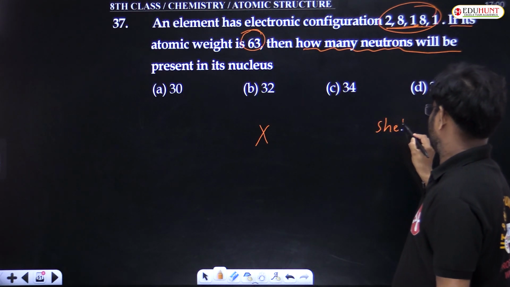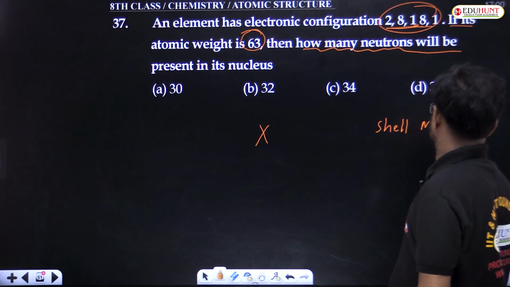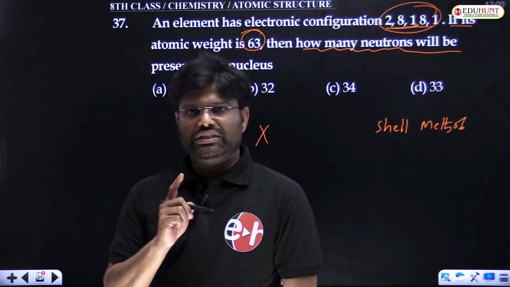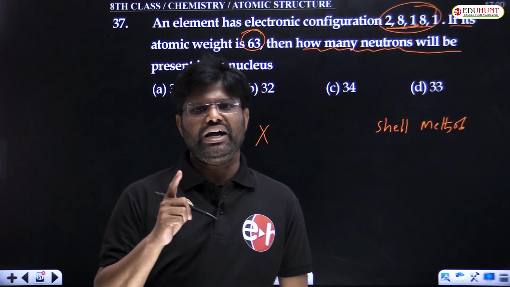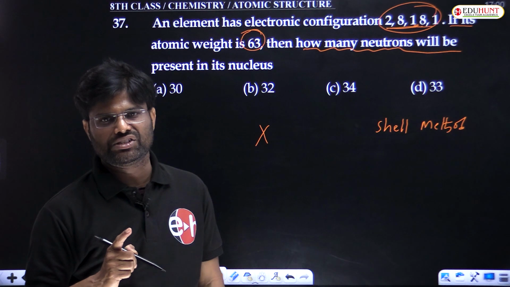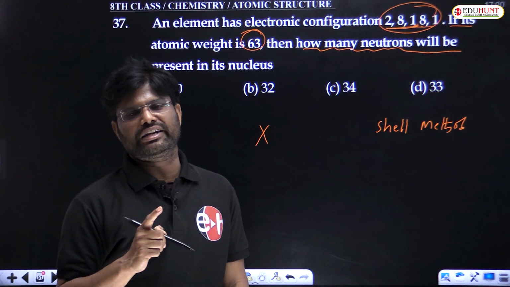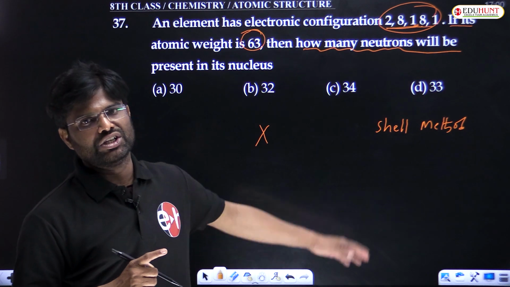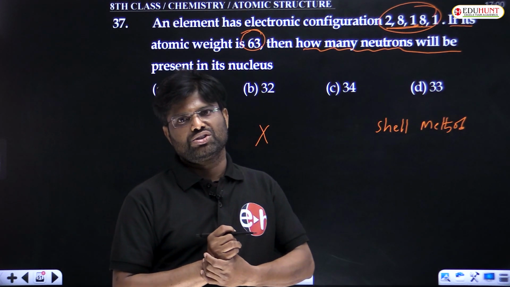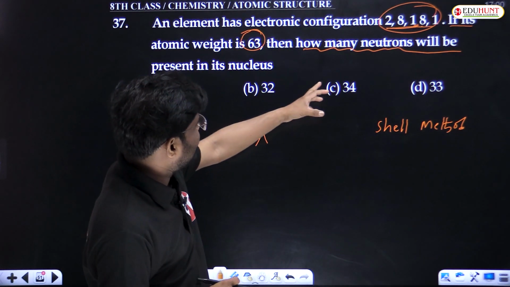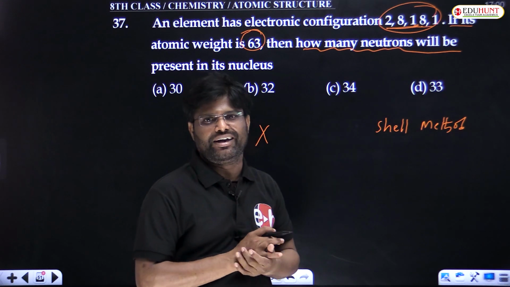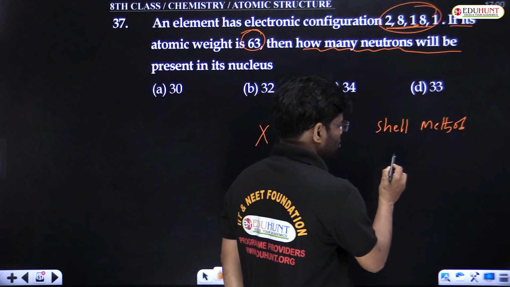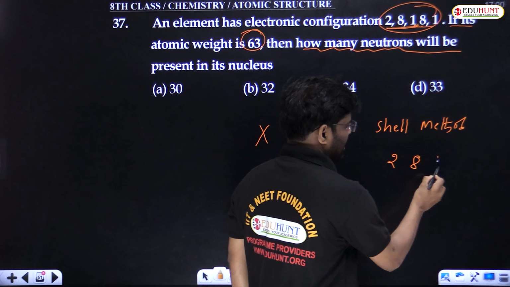Remember, I'll teach you the shell method and the nlx method of electronic configurations. Without knowing these you can't do these questions. Okay, so I am taking 2, 8, 18, 1.